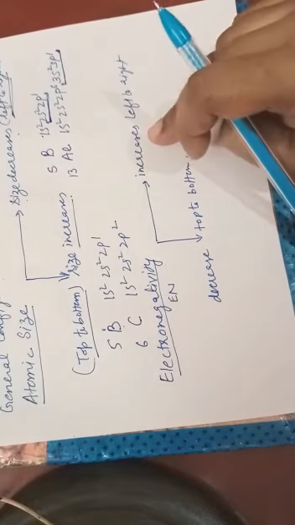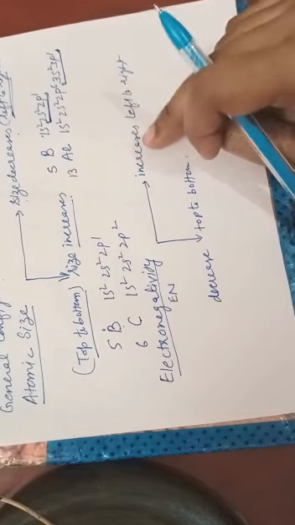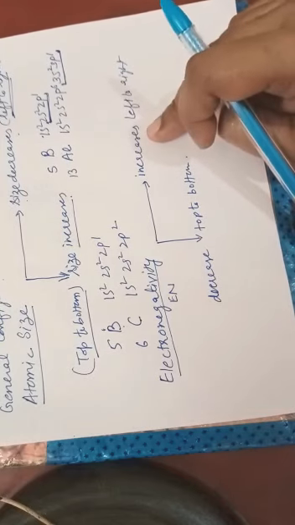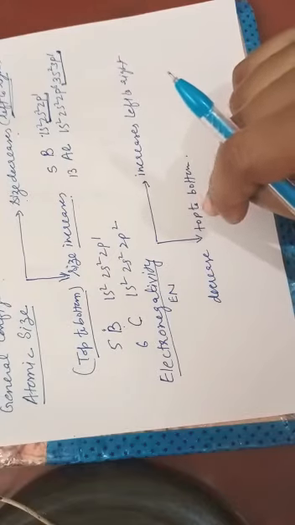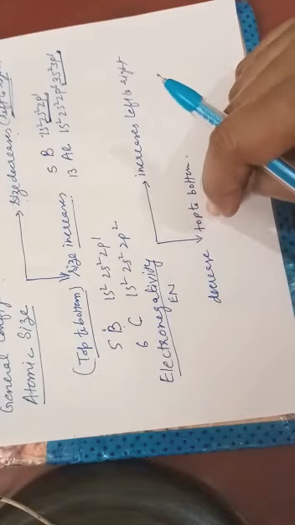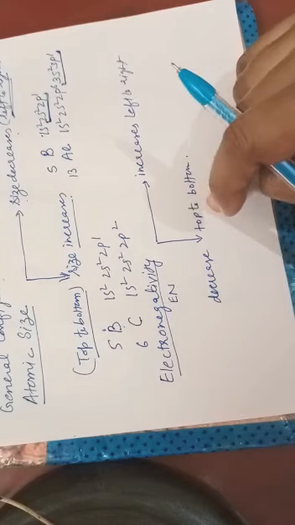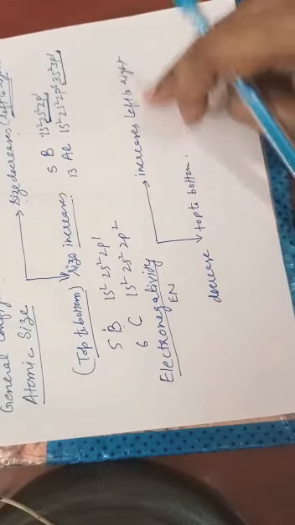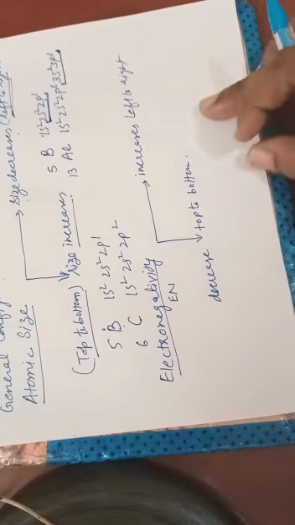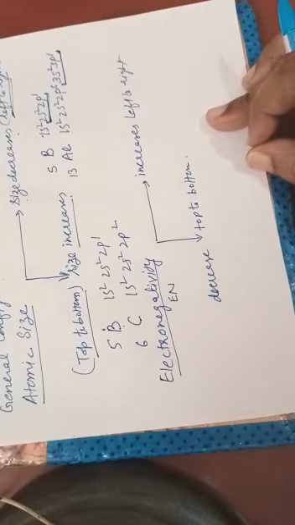Here electronegativity increases due to the increase of effective nuclear charge. Here electronegativity decreases due to the decrease in effective nuclear charge because of the increase in the number of shells. That's why it decreases top to bottom and increases left to right.